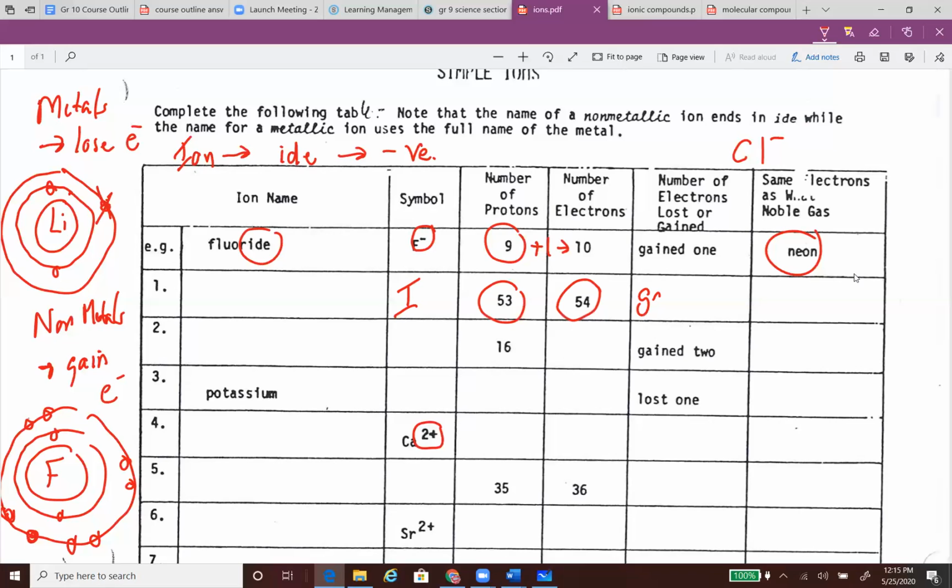So it also gained 1. Now, it would have the same number of electrons as element number 54, which is Xe, or xenon. Now, because it gained an electron, we don't call it iodine anymore. If it picks up an electron, we now call it iodide.